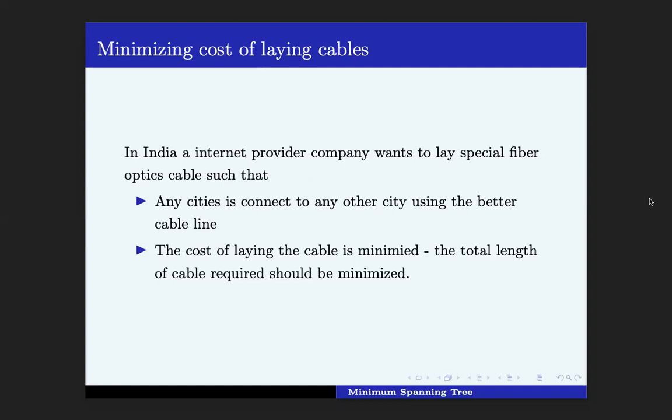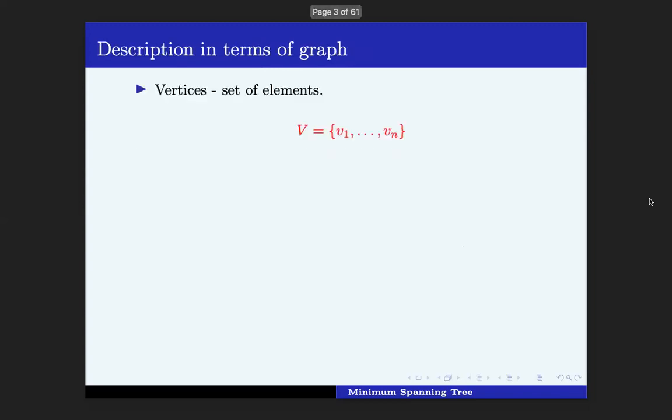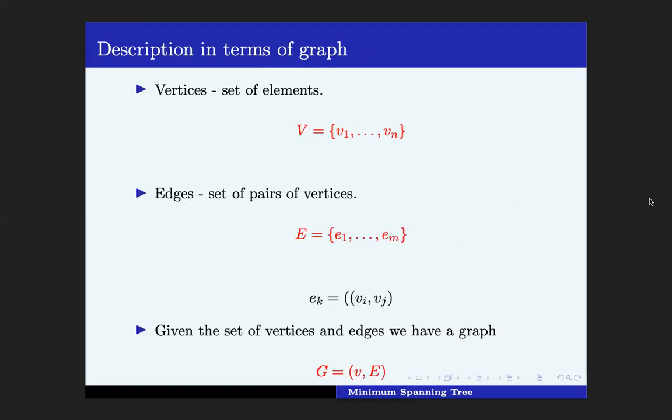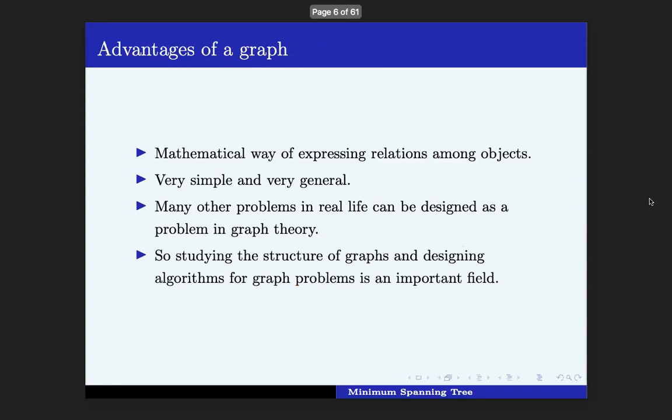Whenever there are things like connectivity and cities, it is natural to think of it as vertices and edges in a graph. Of course, we know what edges and a graph are, and I don't want to go into the definition of vertices and edges.